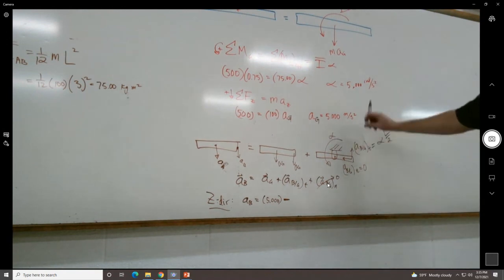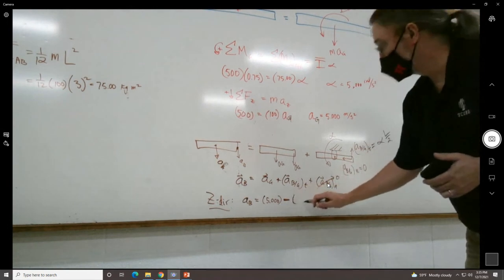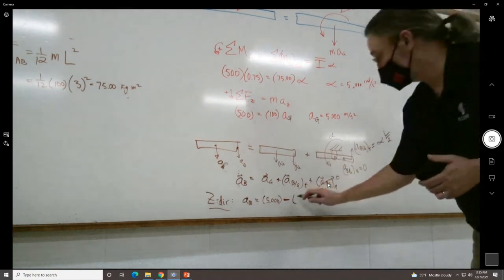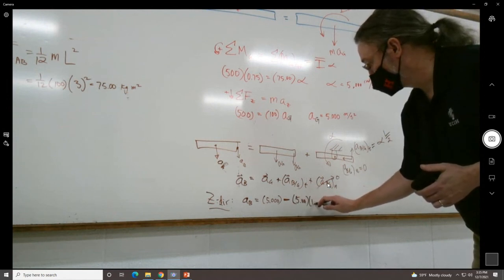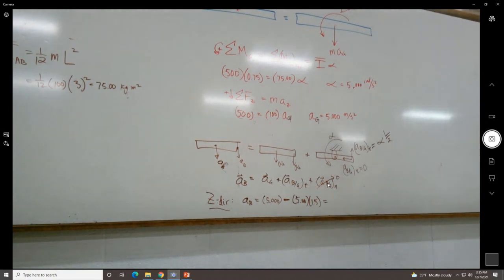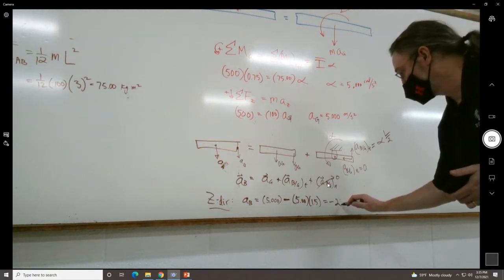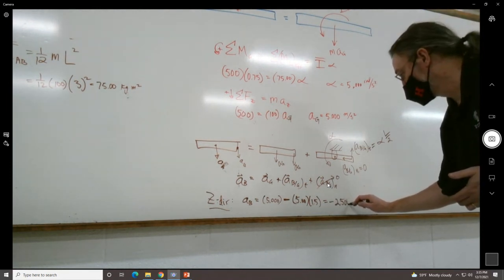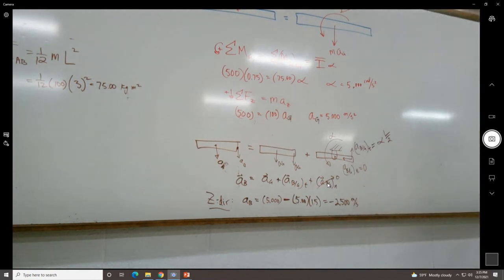But this happens to be the negative z direction, that direction right there, right? So that's why that's going to be minus 5. There's 1.5. Right? So we're going to have a negative 2.5, sorry. Does that make sense?